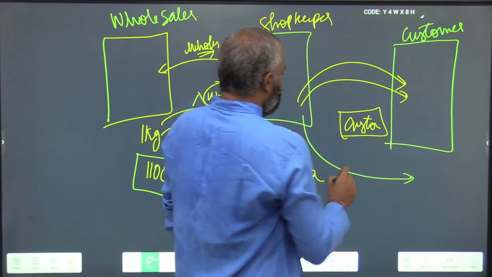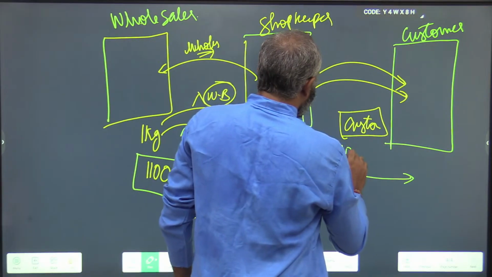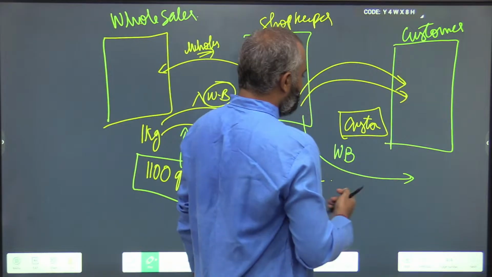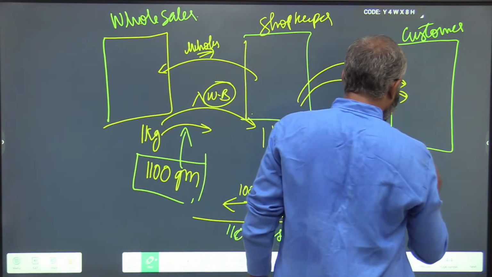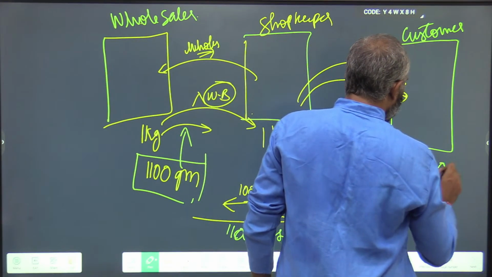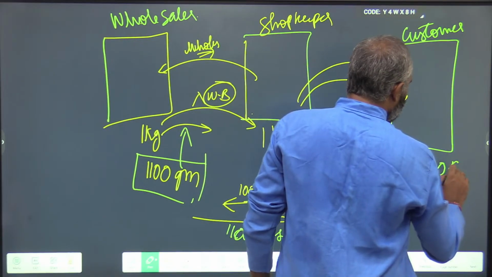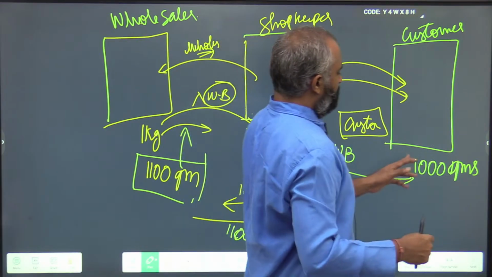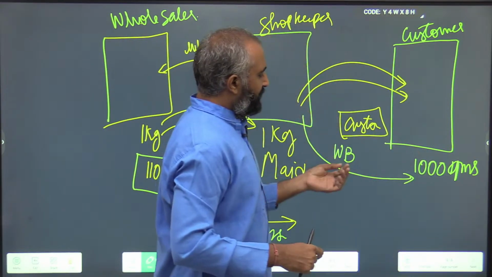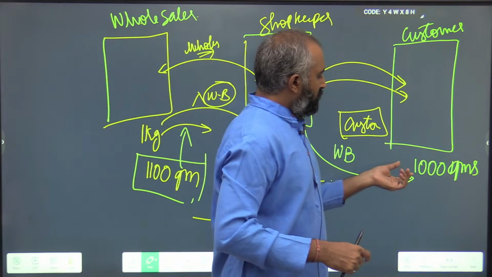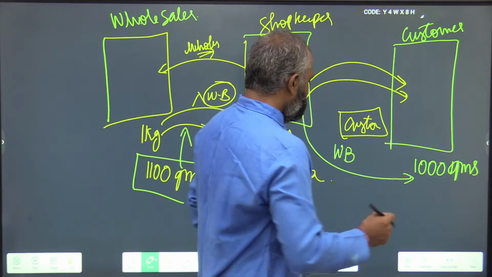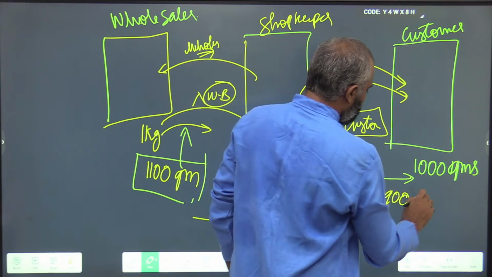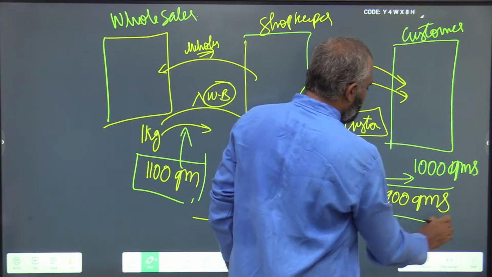He tampers the weighing balance or weight scale in such a way that it measures 1000 grams or 1 kg when the actual weight is 900 grams.